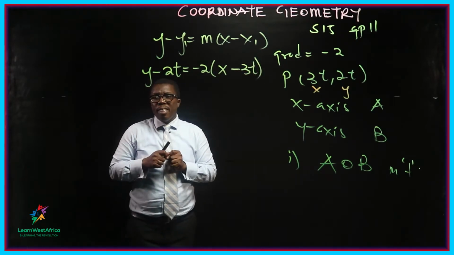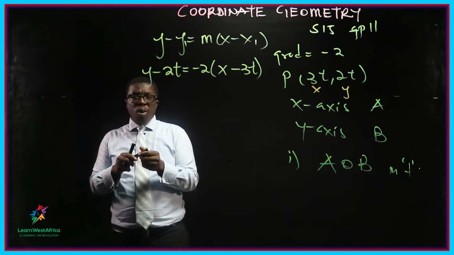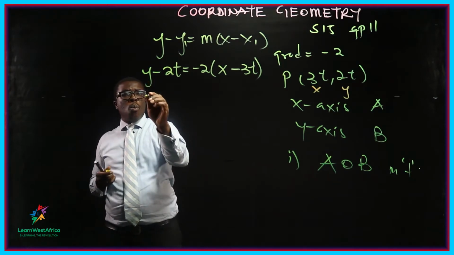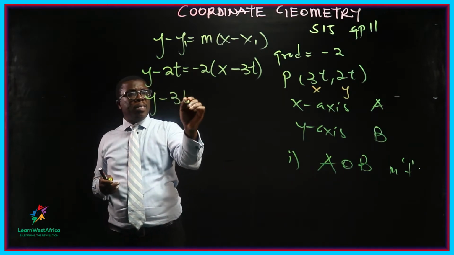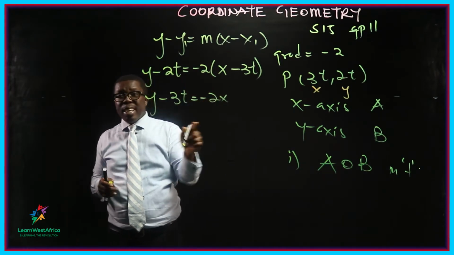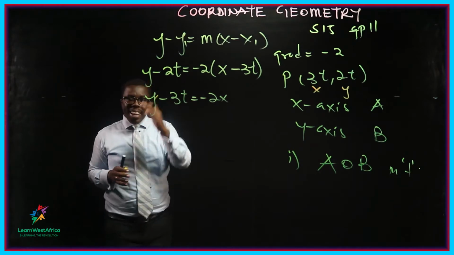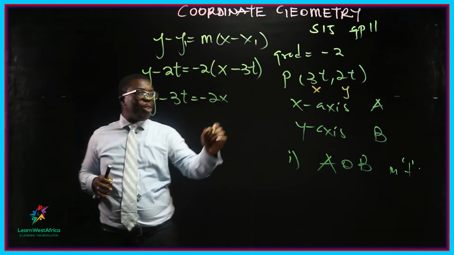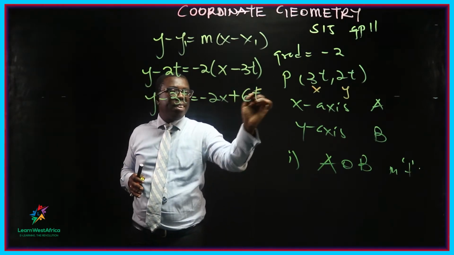Hope you're okay with that. So what then do we do? We're going to have y minus 3t equals minus 2x, and negative 2 times minus 3t is going to give you plus 6t.